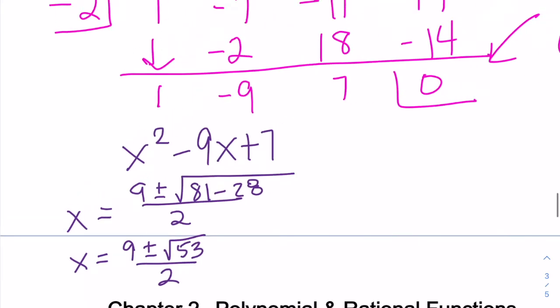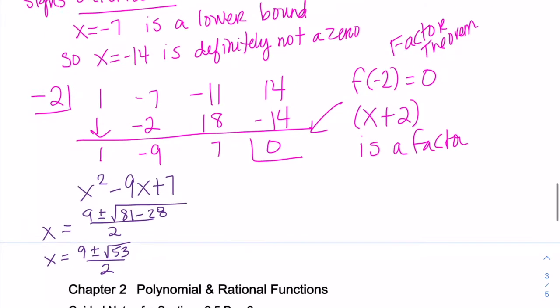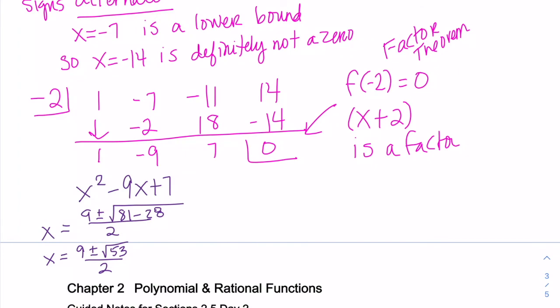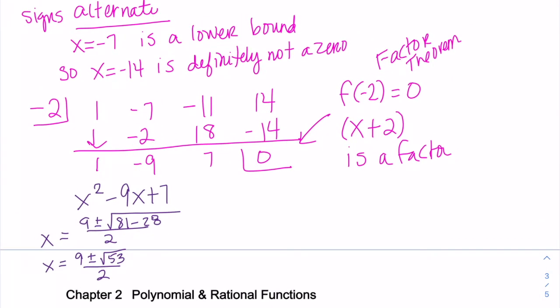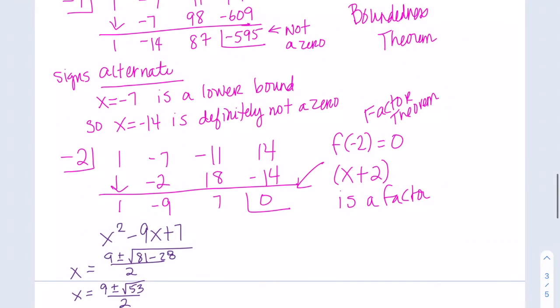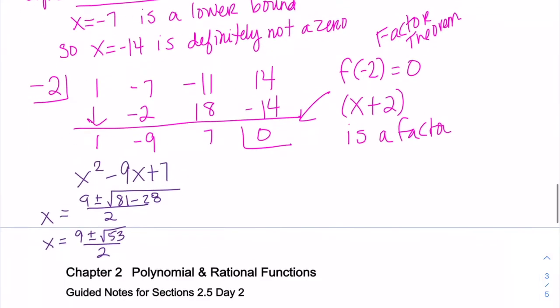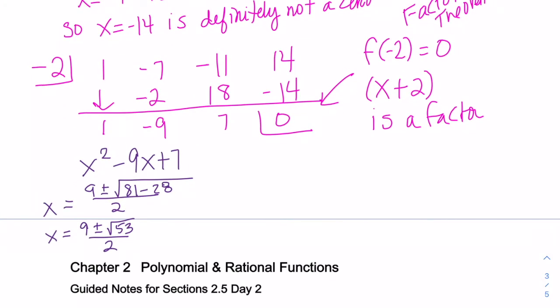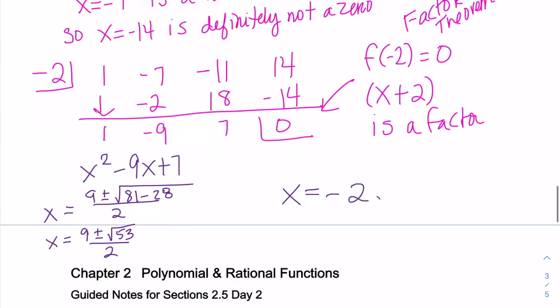So we have those two irrational roots, and then we also have the negative 2. So this will be x equals negative 2, and then 9 plus or minus root 53 over 2.